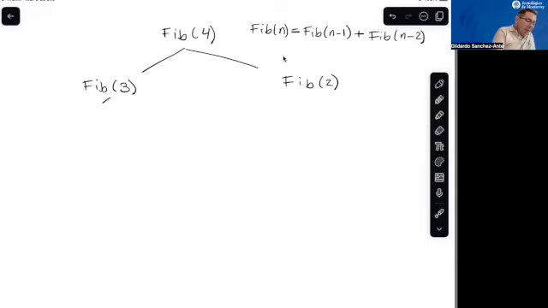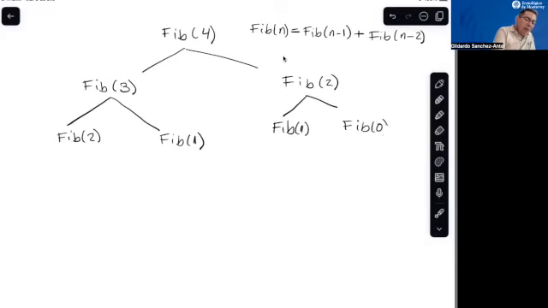So to compute the Fibonacci of 3, I will need to compute the Fibonacci of 2 and the Fibonacci of 1. In order to compute the Fibonacci of 2 here, I will need the Fibonacci of 1 plus the Fibonacci of 0. Here, I will need the Fibonacci of 1 and the Fibonacci of 0.